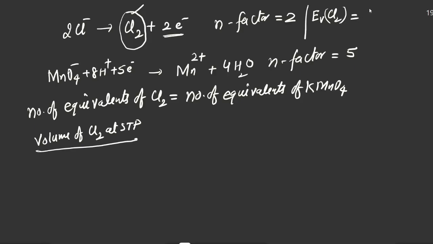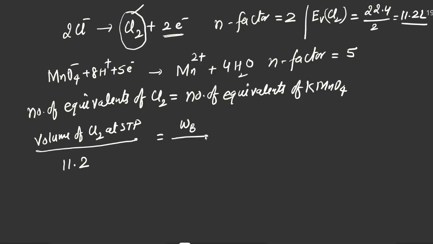Beta, molar volume is 22.4 at STP. It is divided by 2, that is 11.2 liters at STP. Equivalent volume of chlorine is 11.2, and the number of equivalents of KMnO4 is in terms of weight.